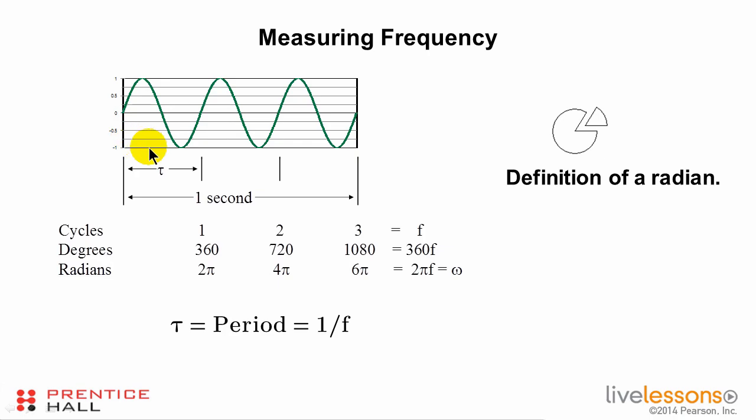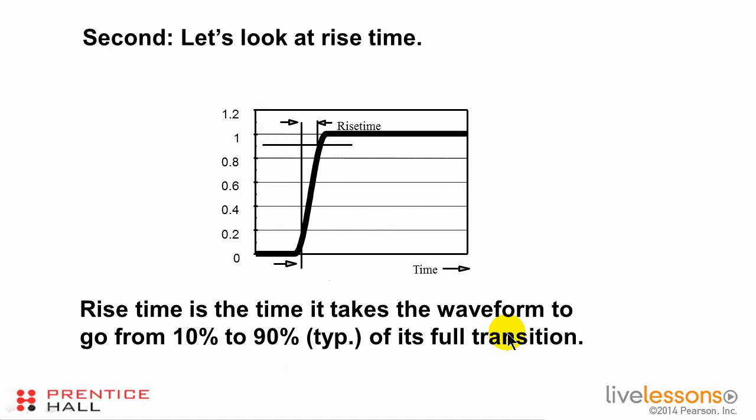The period is the length of time for one cycle. And, appropriately enough, if we go through 3 cycles in 1 second, then we go through 1 cycle in 1/3 of a second, or the period is simply 1 over f, the cyclical frequency. Both measures of frequency and measures of period can be important to us in electronics.